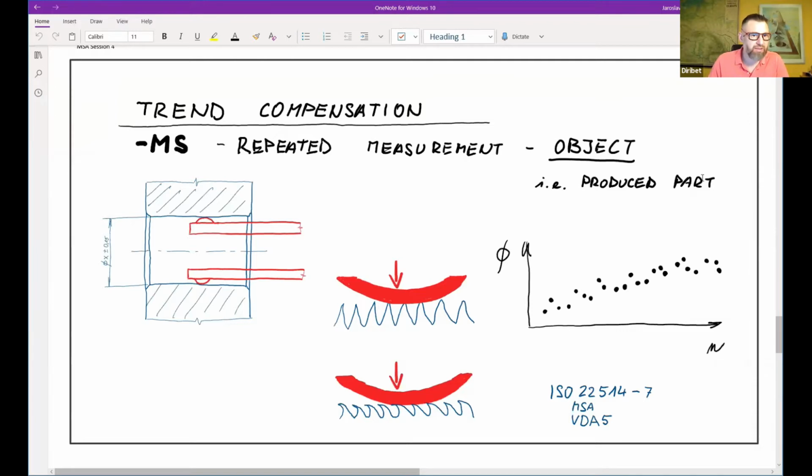You may remember that in connection with the repeatability error on the measurement system, we always talked about a reference rather than an object. These are the two words that make the difference within this terminology. The reference is the nice, polished, precise part, and the object is the real one which is being produced and which will be measured in the measurement process.